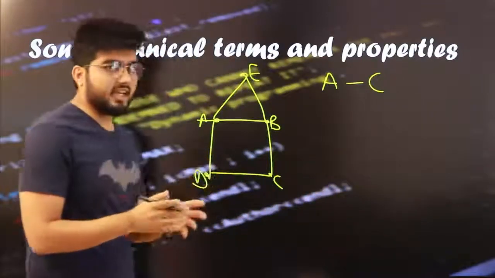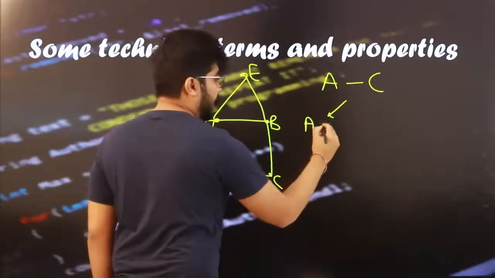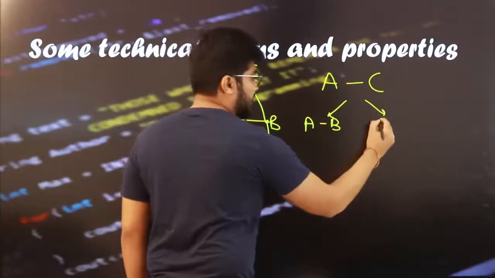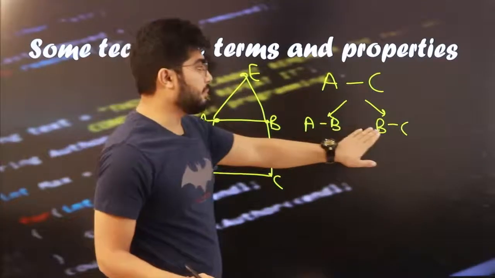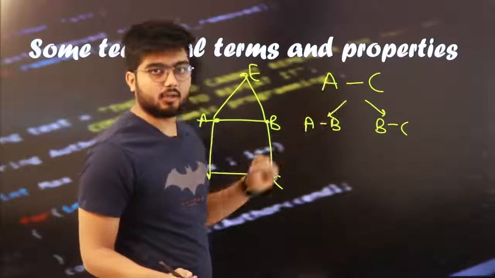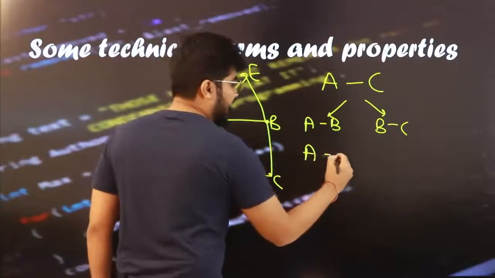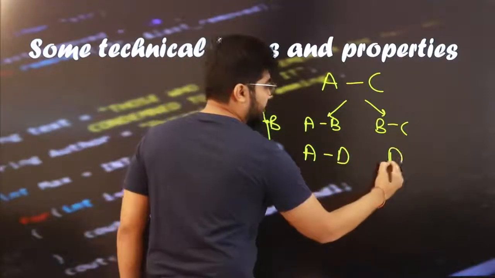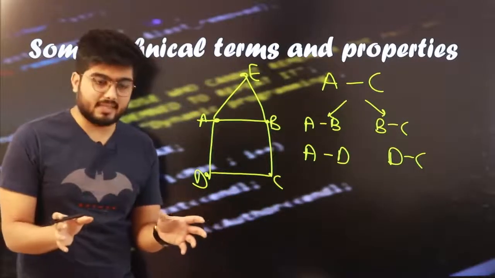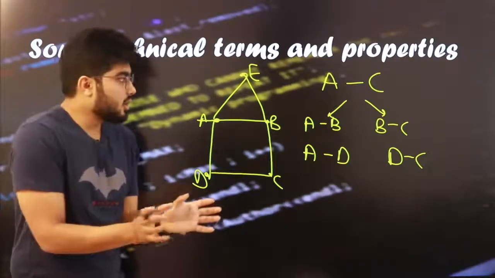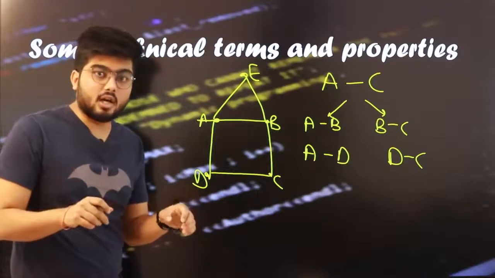So what you can do, you can divide it into two subparts. One subpart will be going from A to B and B to C. Now the shortest path between A to B and B to C will eventually give you the answer for A to C. Another possible solution is you can take A to D and D to C. So what we are doing here, we are dividing our problem statement into two different subproblems such that whatever answer they give, we can use directly as an optimal answer.